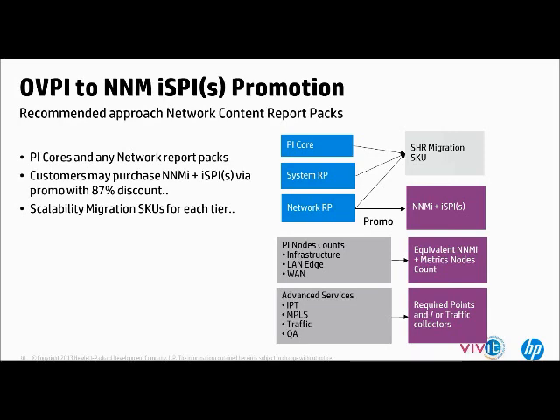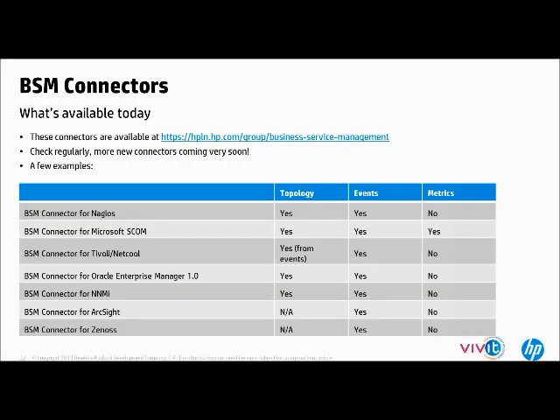For OVPI customers who might be using Network Node Manager, since we need the ISPI on Network Node Manager to collect information from Network Node Manager for SHR, we are giving a special promo to offer them ISPI for Network Node Manager.